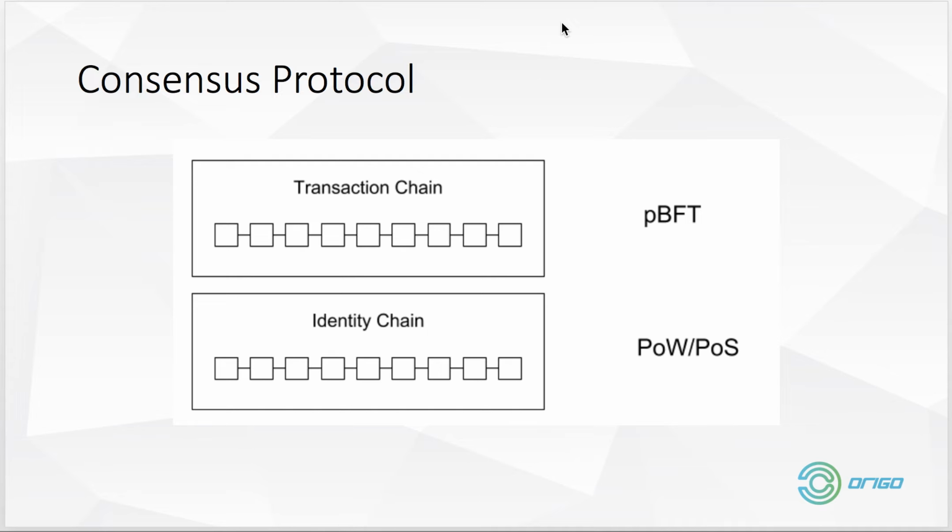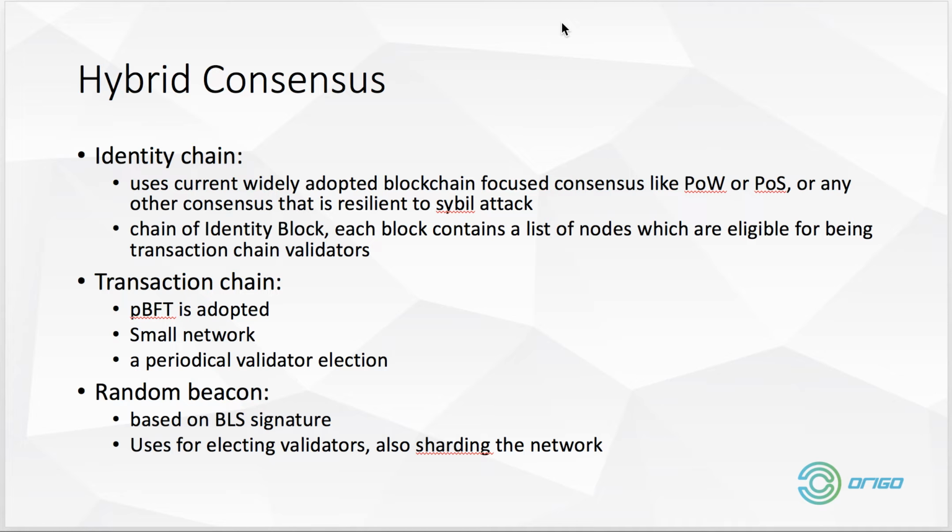I will talk about the details later. I guess maybe you're confused right now. The identity chain uses a currently widely adopted blockchain-focused consensus. It could be POW or POS or whatever. Its main focus is trying to resist the Sybil attack.